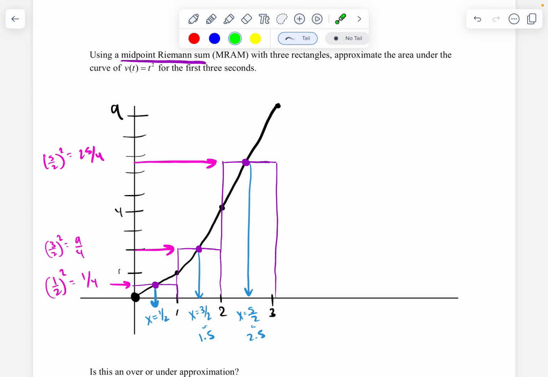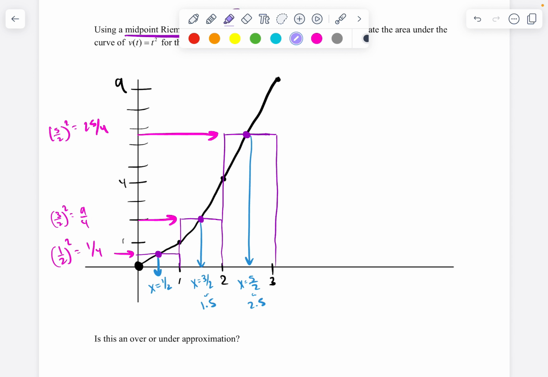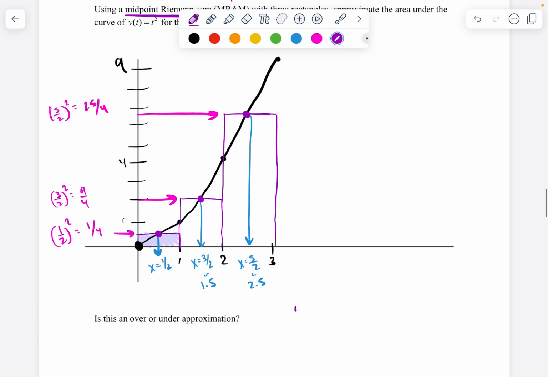Okay? So think about this. Each of these rectangles is 1 wide and y value height, which these are the y values. So to find the approximation of these areas, this first rectangle is going to be 1 wide and 1/4 high. The second one is 1 wide and 9/4 high.